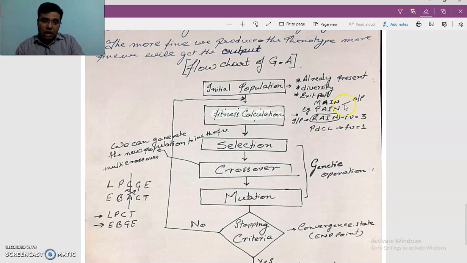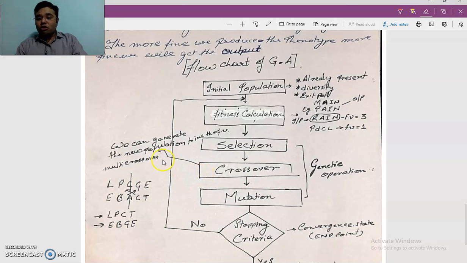So from this chunk of population, we need to select some particular population in order to make this mechanism feasible.